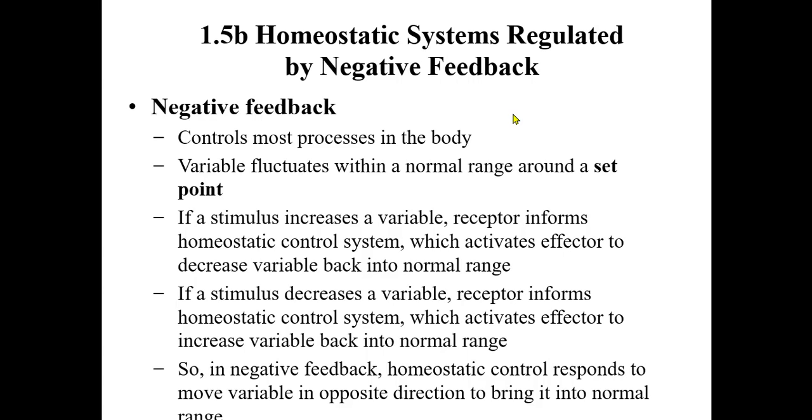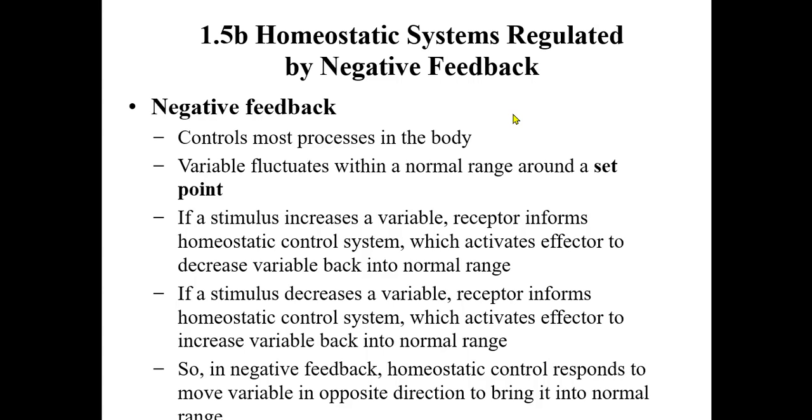Some people say that it negates the effect or it goes in the opposite direction. Those are all possibilities of negative feedback. So it undoes the event over time. That means it lessens the effect.